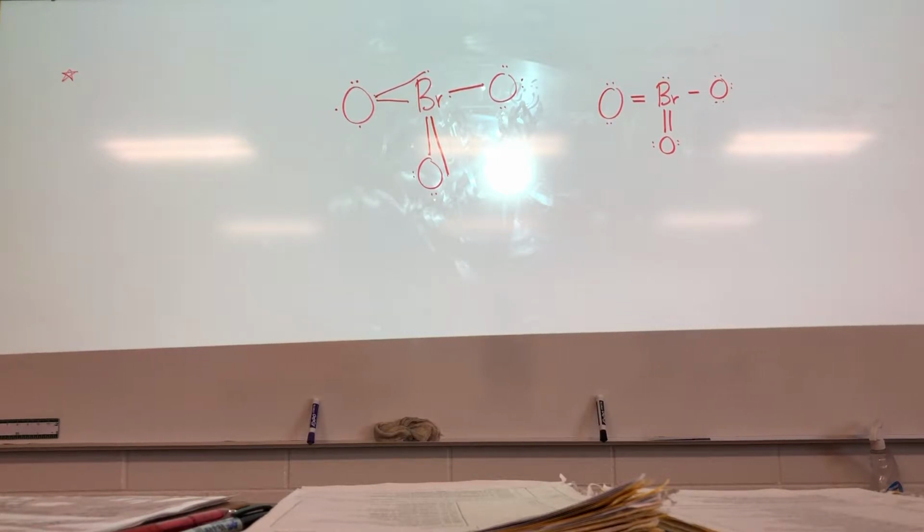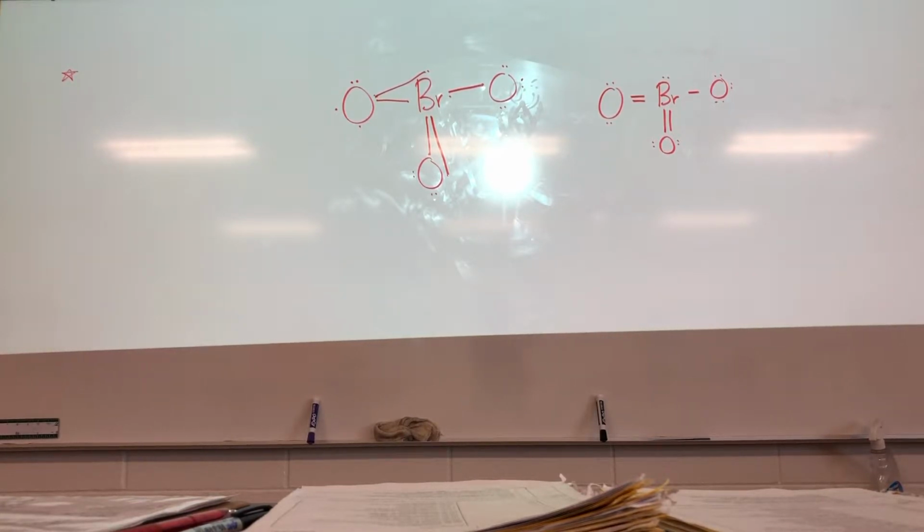So since bromine is the least electronegative, it goes in the middle. The oxygens each have 6 and so they each need 1. The one that has the lower electronegativity goes in the middle, right?